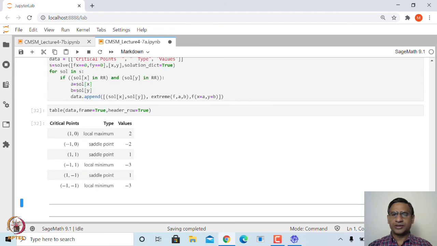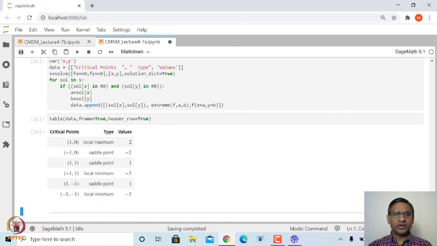So, you can do more examples. Another very standard problem that you may find is to find the relative or absolute maximum and absolute minimum.